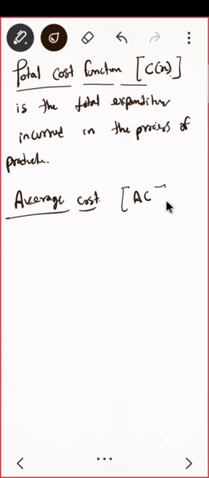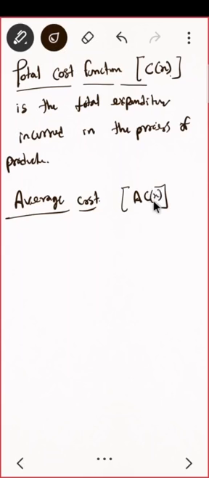Okay. And what is average cost? That is denoted by AC, AC of X, you can say.